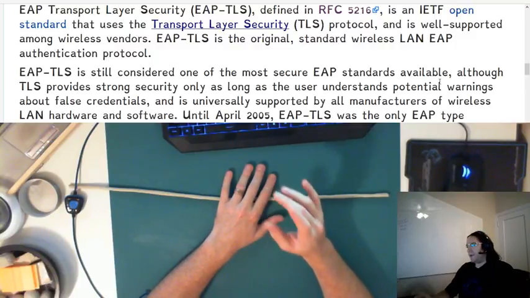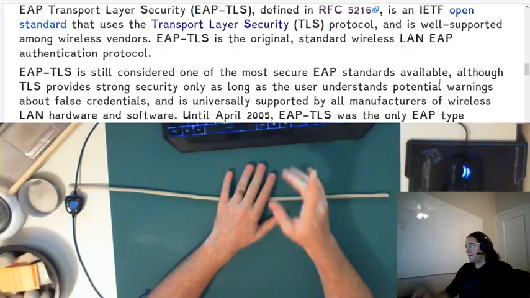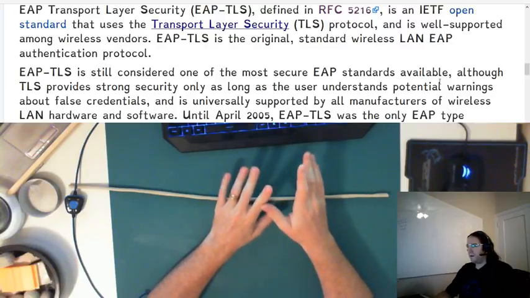And it is universally supported by all manufacturers of wireless LAN hardware and software.